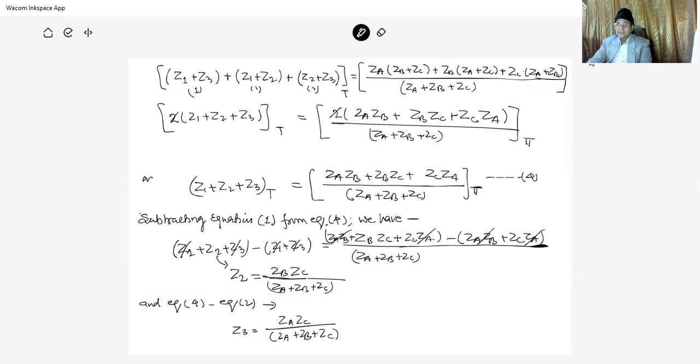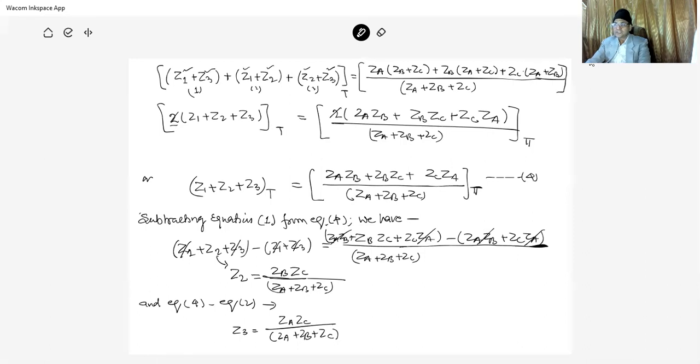So what happened? Here Z1 is here and Z1 is here, so we have two Z1. Z3 is here, Z3 is here, Z2 is here, and Z2 is here. So all these impedances are twice in number, and therefore 2 is common, and in the bracket Z1 plus Z2 plus Z3 of the T network. Similarly, we multiply the pairs and we find ZA ZB here and ZB ZA here.